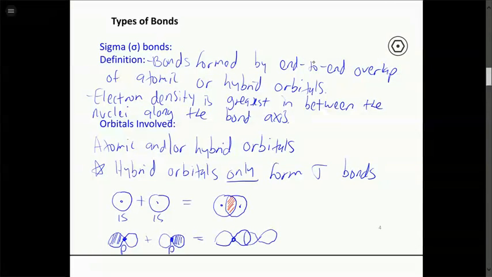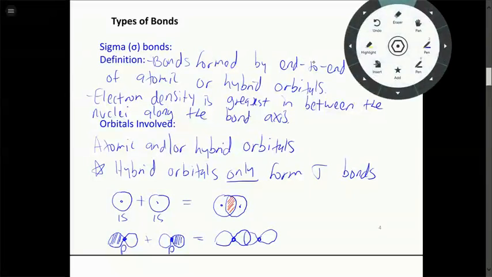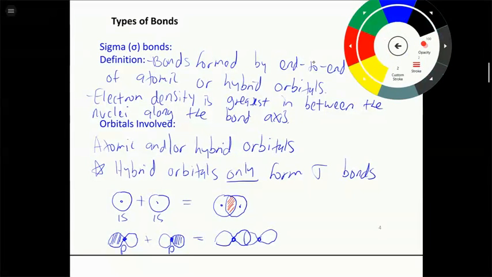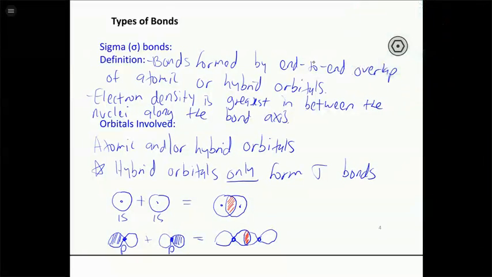All right, so nucleus is there, and then overlap region again in the center between the two nuclei. All right, so that's what we mean by a sigma bond. They have sort of cylindrical shape, and the electron density is between the two nuclei.